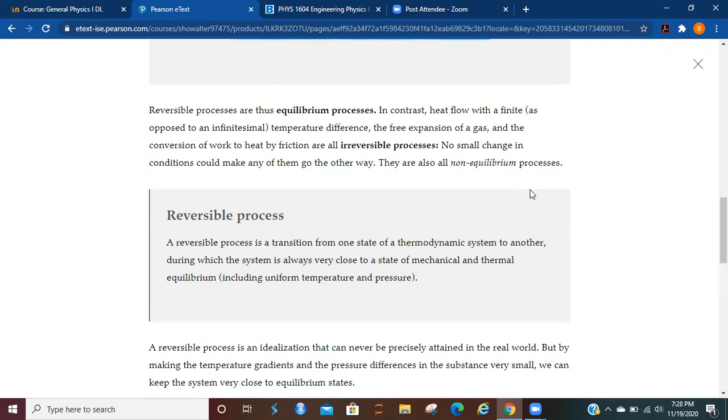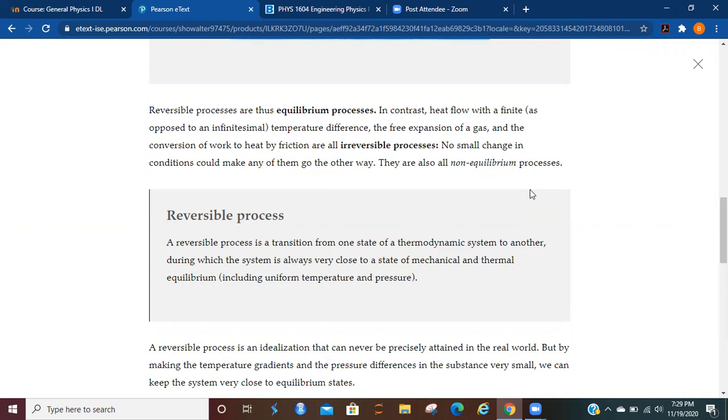Now, by contrast, heat flow with a finite temperature difference or free expansion of a gas and conversion of work to heat are going to be irreversible processes. No small change in conditions can make any of them go the other way. In other words, once you lose work to heat by friction, there's really no way to get that back.